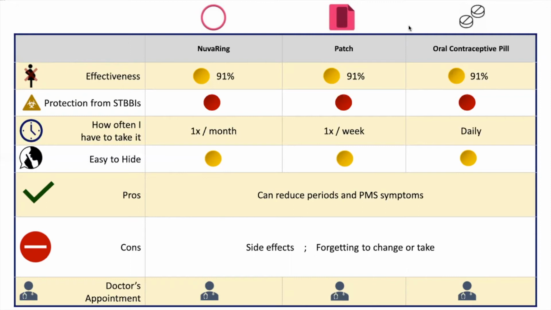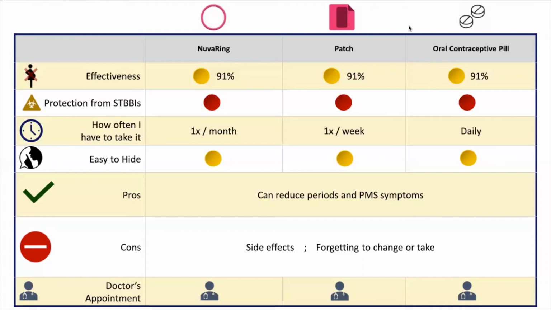The advantages of these methods are that they can reduce periods, and they can also alleviate your PMS symptoms. However, some of the disadvantages are that you have to remember to take the pill or to change the ring or the patch. It's also important to mention that the pill can cause more side effects than the NuvaRing or the patch.